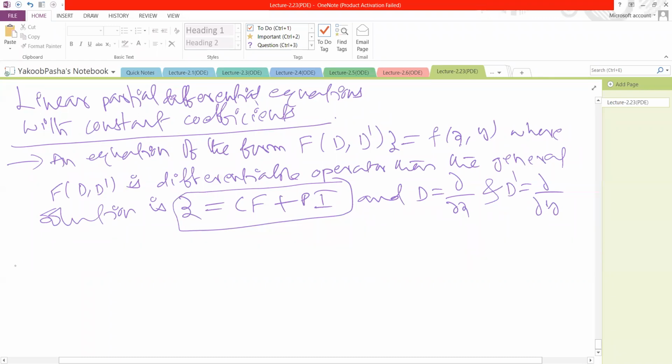So we have rules for finding complementary functions.